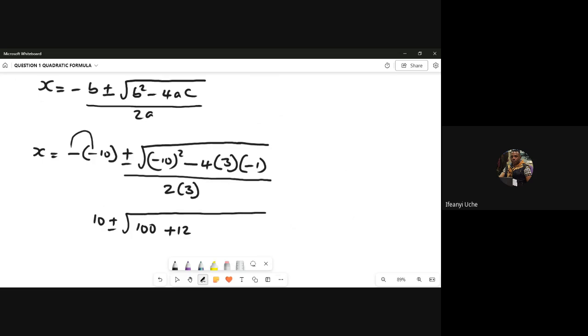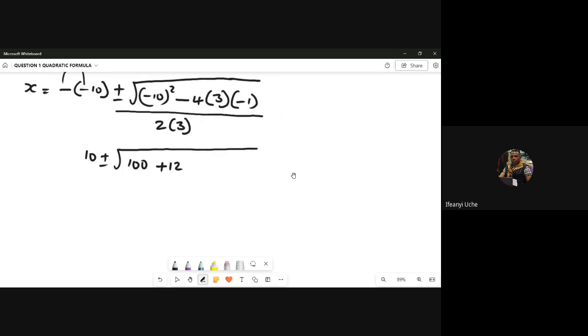So we have 12 here, and then all over 6. At times, confirm your answers very well. Then at this stage you have 10 plus, then you add up the 100 and 12, which is 112, all over 6.